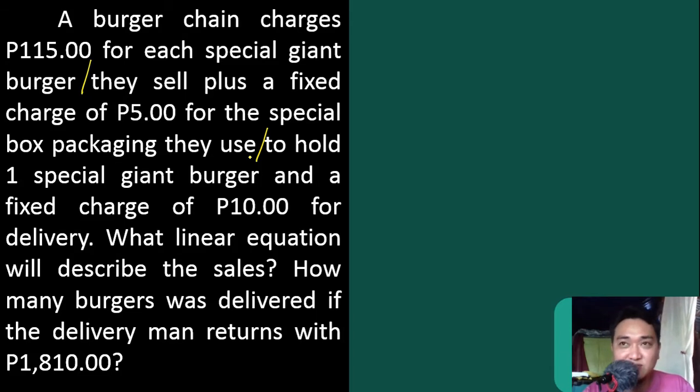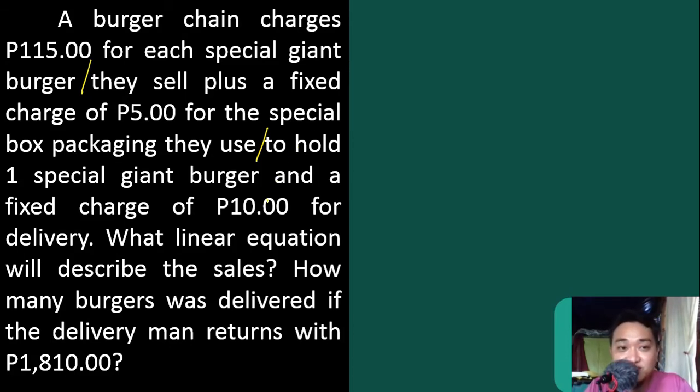Kasi sobrang laki ng burger, hindi naman pwedeng ilagay lang yun sa plastic kasi maghiwa-hiwalay yung mga patty, yung ingredients, o yung parts ng burger sa sobrang laki. Kaya meron silang ginagamit na special na box just to hold the burger itself. At kung magkano yun, that is 5 pesos.